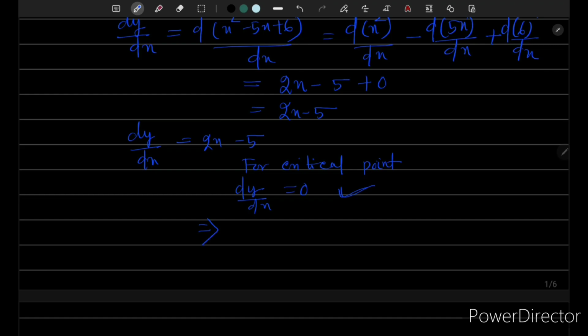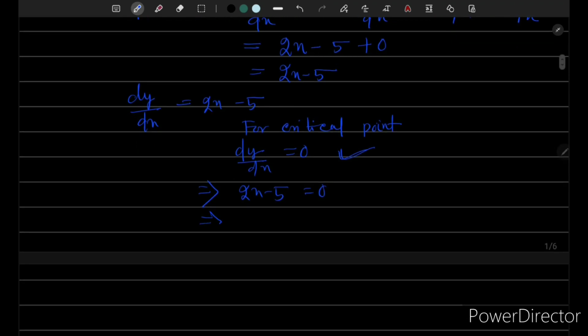So 2x minus 5 equals 0, which implies 2x equals 5, so x equals 5 divided by 2, which equals 2.5. So for x equals 2.5, we will get a critical point.